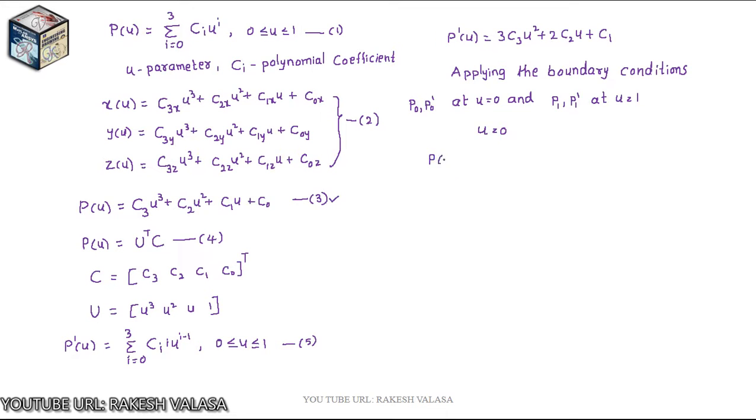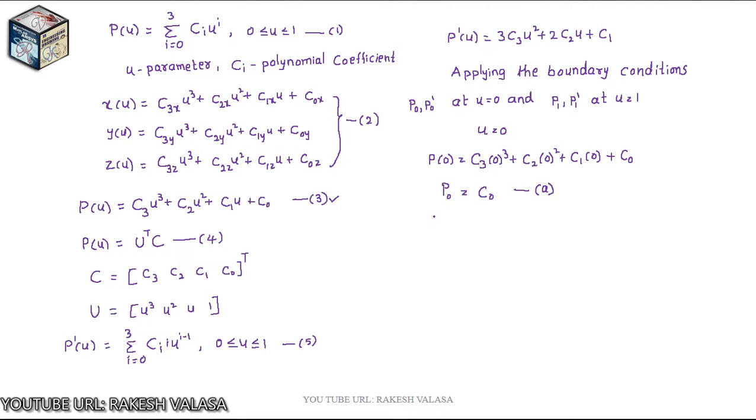P of 0 equal to, applying it in equation number 3, c3 0 cube plus c2 0 square plus c1 0 plus c naught. The answer is p naught equal to c naught. Assume this is equation A.